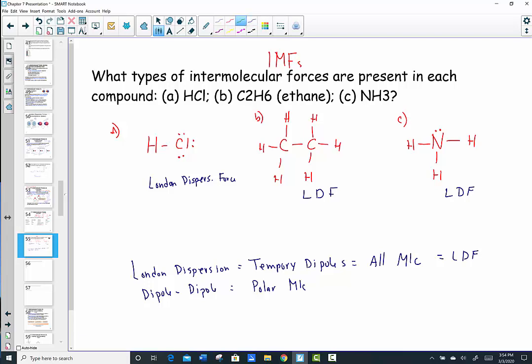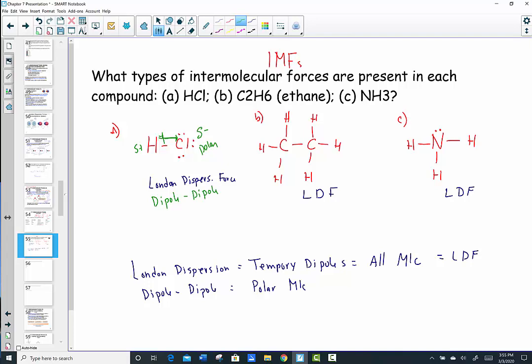Well, I recognize that this HCl is a polar molecule based on the uneven distribution of electron charge. This hydrogen chloride is polar, and so therefore it will exhibit dipole-dipole interactions. How about the letter B?